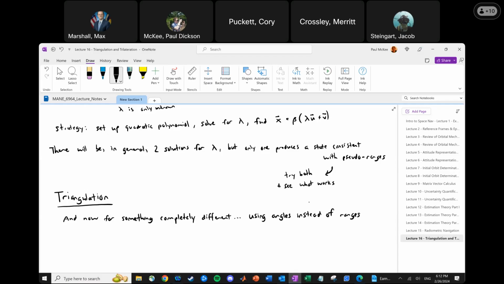For pretty much all of last class and a lot of this class, we talked about this problem of, okay, I know my distance away from these four satellites. Now what I'm saying is I've got either line of sight measurements to 4 points on the surface or 4 observers on the surface all taking simultaneous line of sight measurements to something in space. So it works either way.